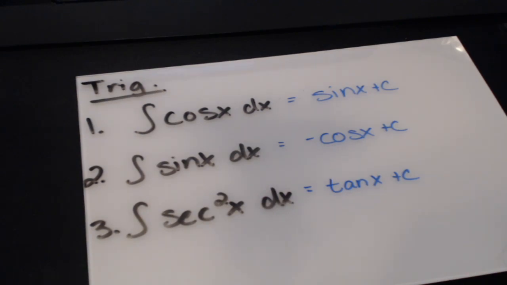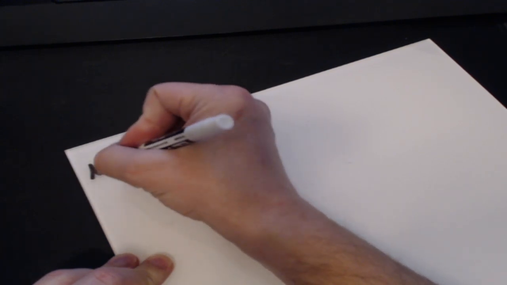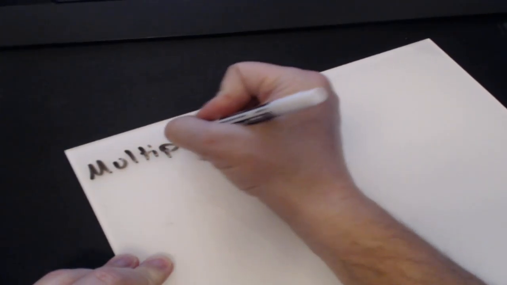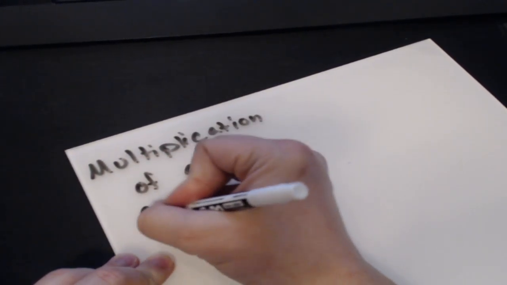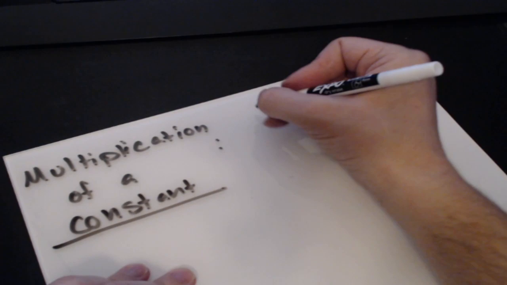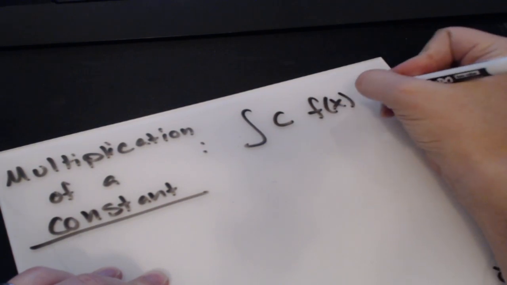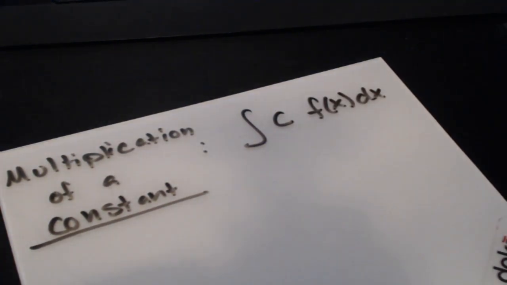Okay, so I've given you the basics of everything that's happening. I want to talk about some other stuff real quick, in the event that you have a constant multiplication. So you have the integral of some constant times f of x dx. And we can think about this another way.